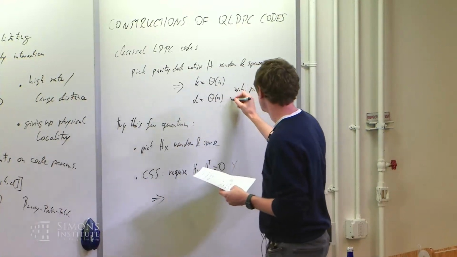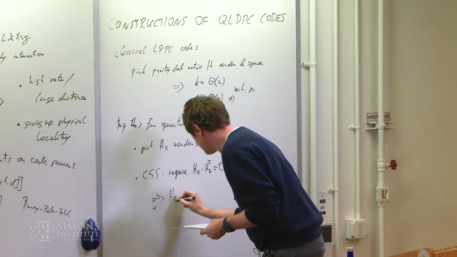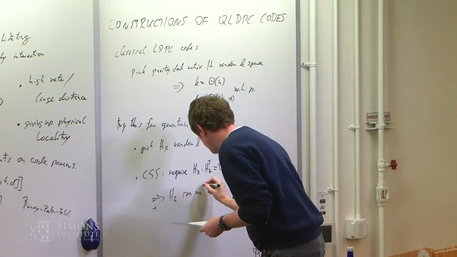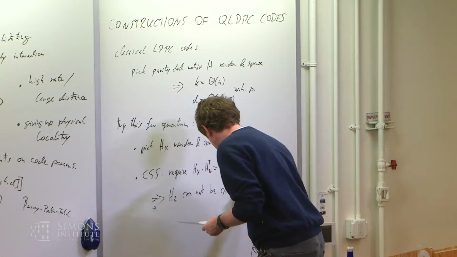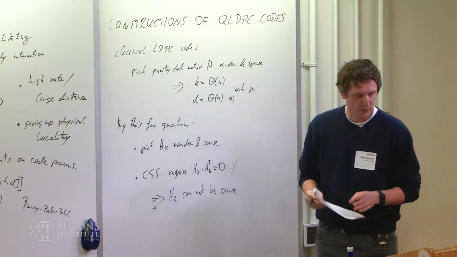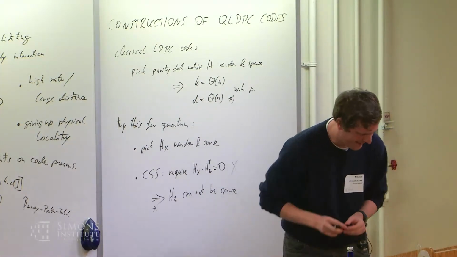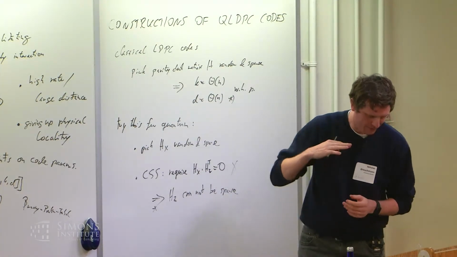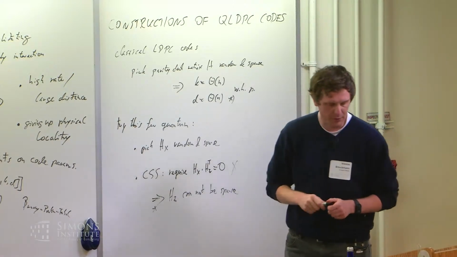Maybe we put a star here, and the star tells us HZ cannot be sparse. So what do we do now? This leads me into several constructions of LDPC codes that I'm going to discuss.